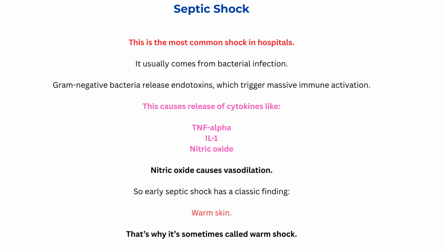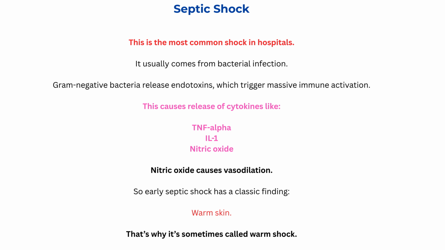Septic shock. This is the most common shock in hospitals. It usually comes from bacterial infection. Gram-negative bacteria release endotoxins, which trigger massive immune activation. This causes release of cytokines like TNF-alpha, IL-1, nitric oxide. Nitric oxide causes vasodilation.